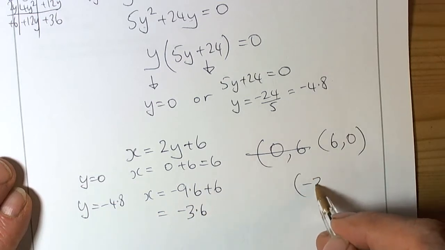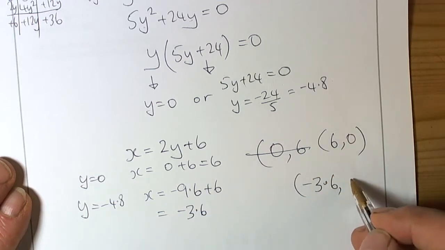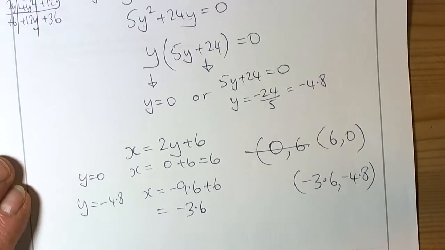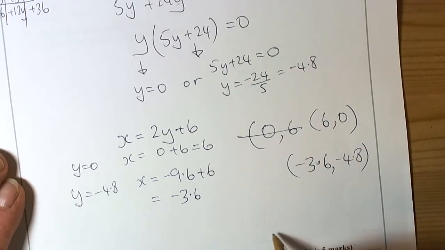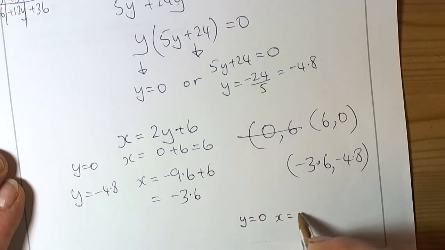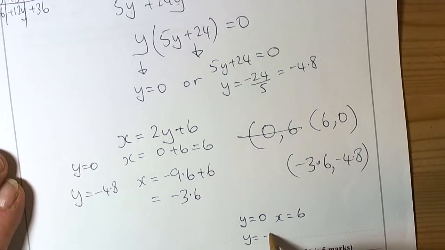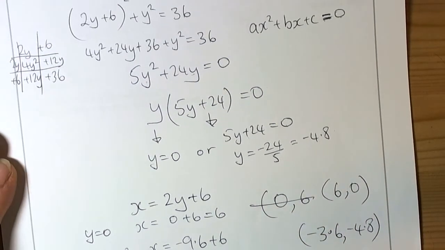So that gives us the other coordinate, negative 3.6, negative 4.8. So we have, when y equals 0, x equals 6, and then when y equals negative 4.8, x equals negative 3.6.